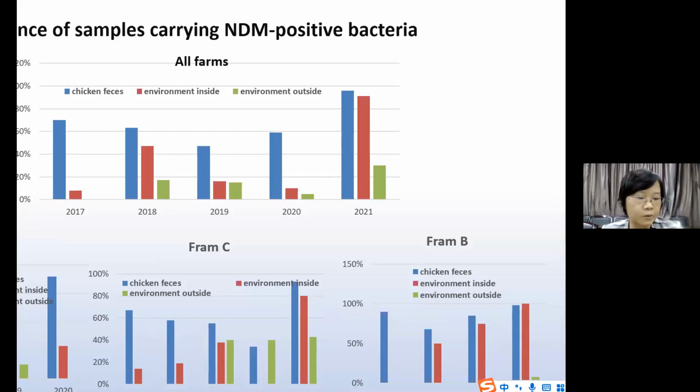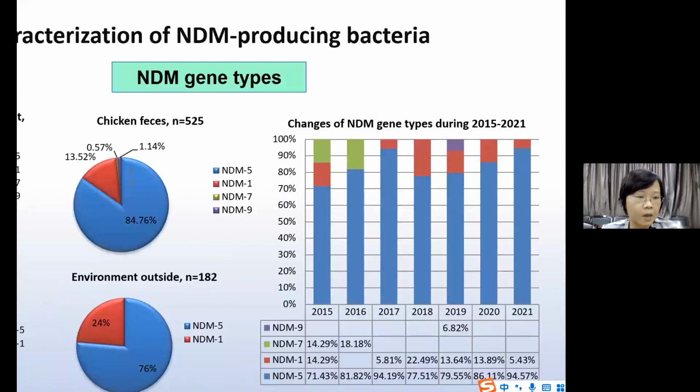And the results show that NDM dissemination existed for 7 consecutive years in 3 chicken farms, and the carriage rate of NDM in chicken feces is as high as 90%.